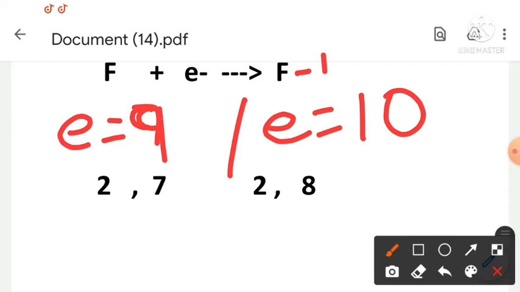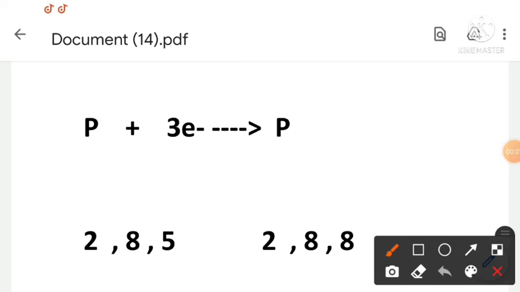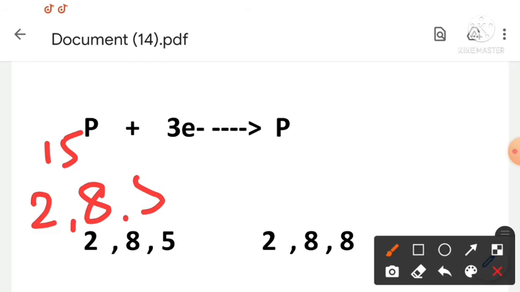In this way we easily derive non-metal by using these tricks. In phosphorus, Z of phosphorus is 15, so we write the electronic configuration 2 8 5. It is a short trick of electronic configuration.